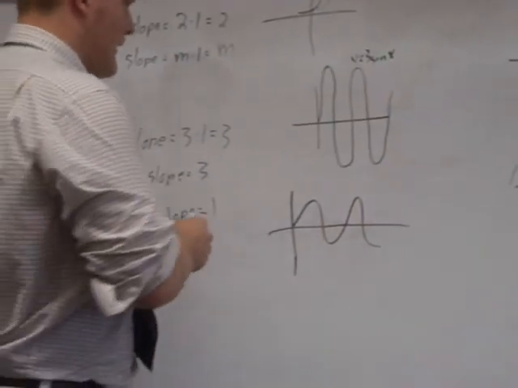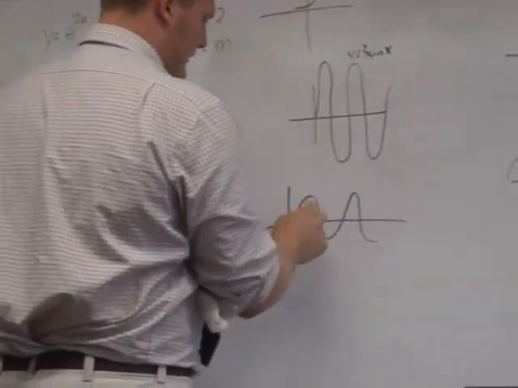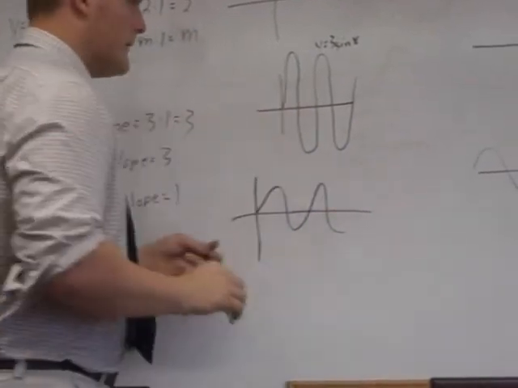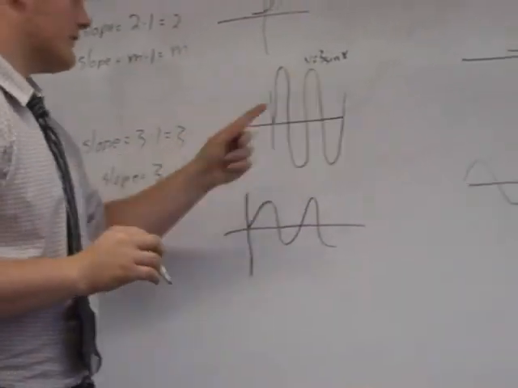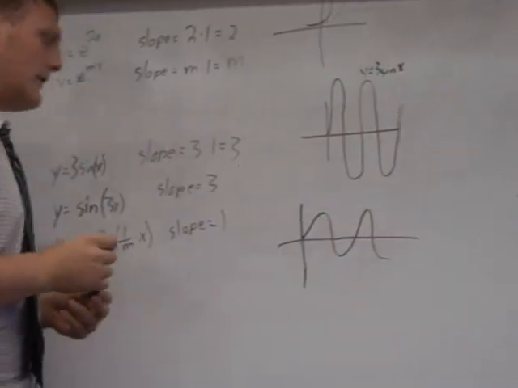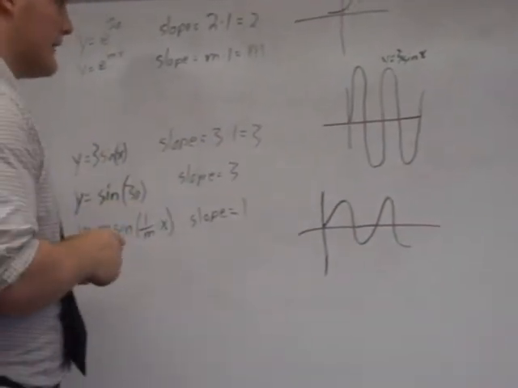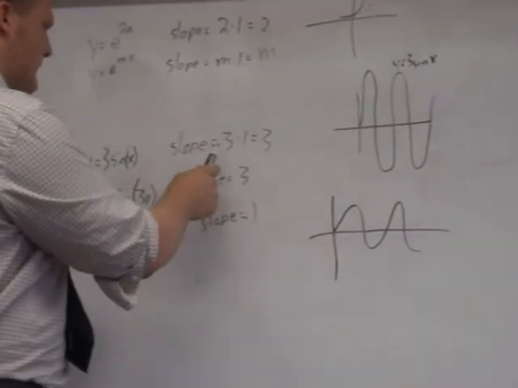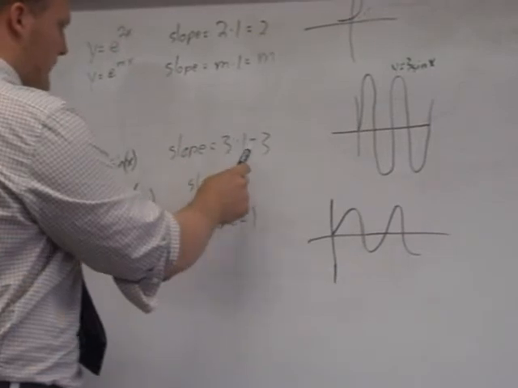And you can see, compared to the sine graph, it has a much steeper slope by the factor that it was scrunched. So the slope is going to be equal to 3 because it was extended by a factor of 3. So the slope is going to be equal to 3 times 1.